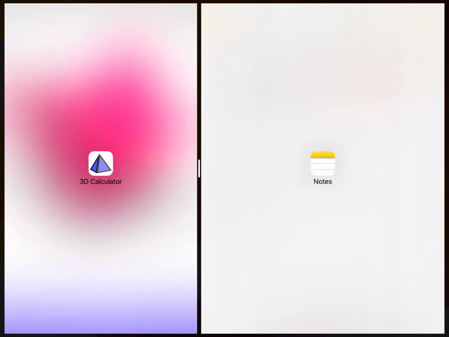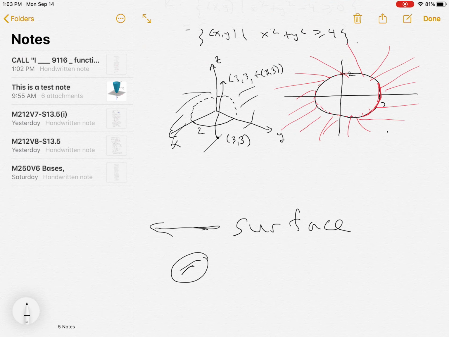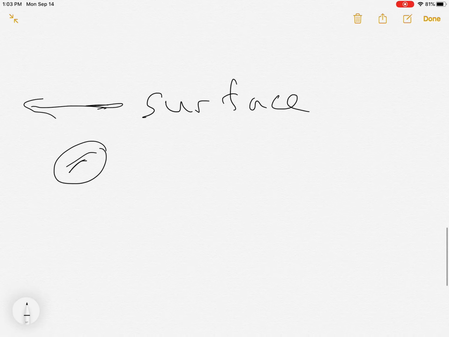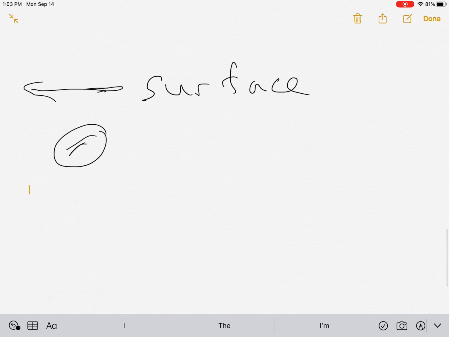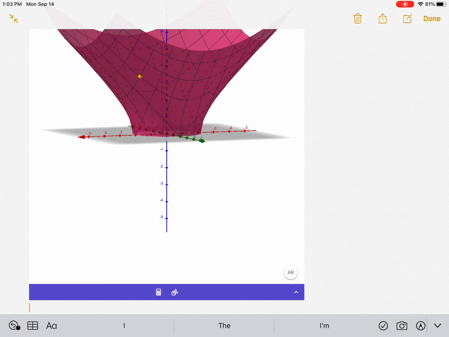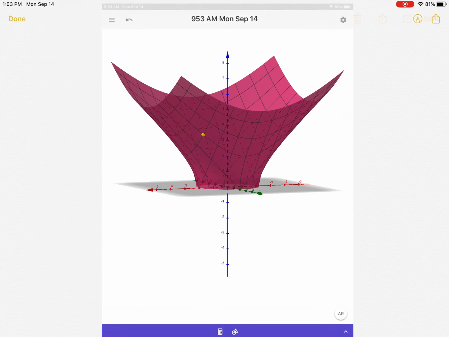So if I drag this over, that guy goes away. So here's a picture that I took, a screenshot of that function, and I should be able to write on it. Here we go.